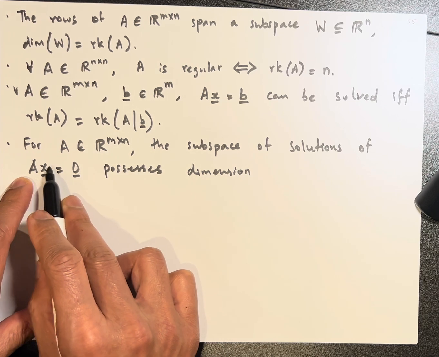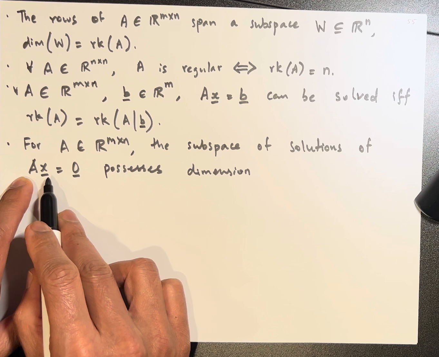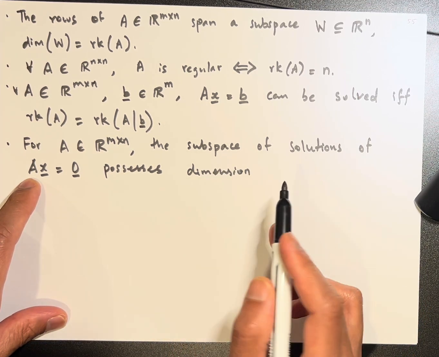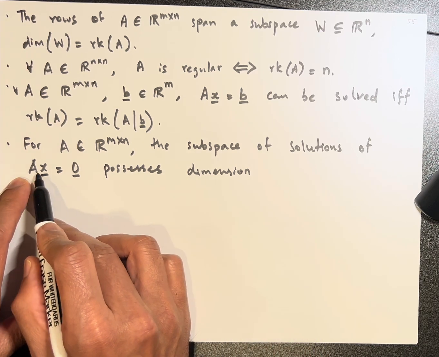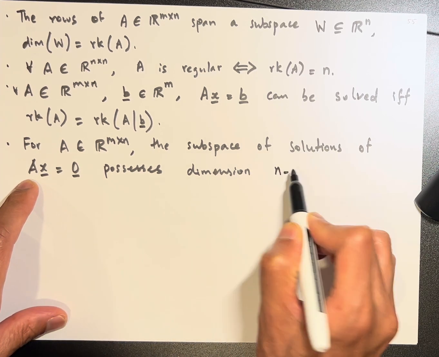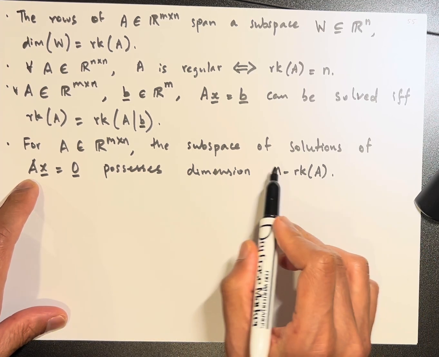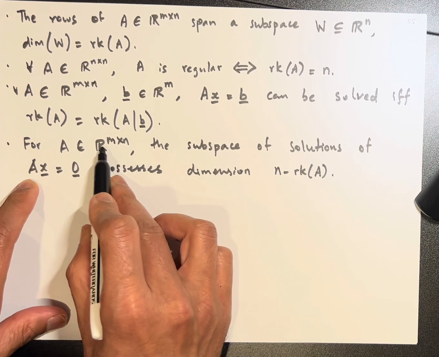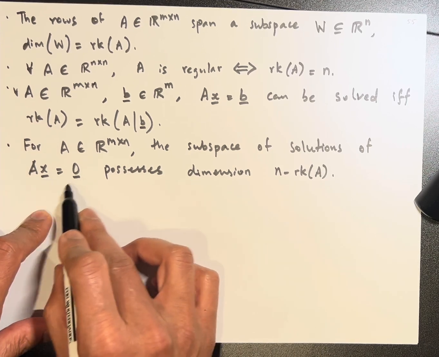Then the only x that can solve this is 0 itself, which means the dimension of this solution space is going to be 0. But otherwise, if A has some linearly dependent columns, then it's going to be n minus the rank of A. If A is what is known as full rank, which means it has all n linearly independent columns, and I'm here taking n by n, then the dimension will be 0 for this solution space of Ax equal to 0.